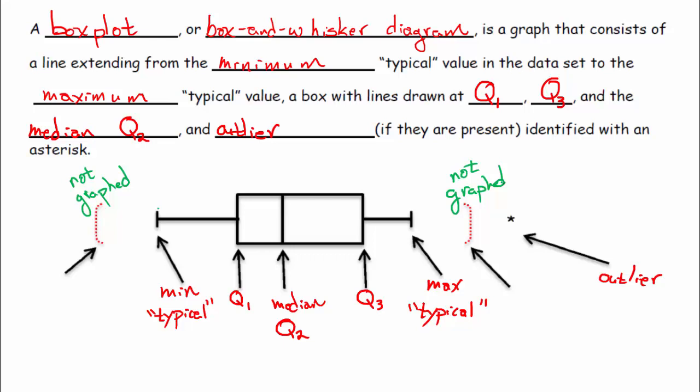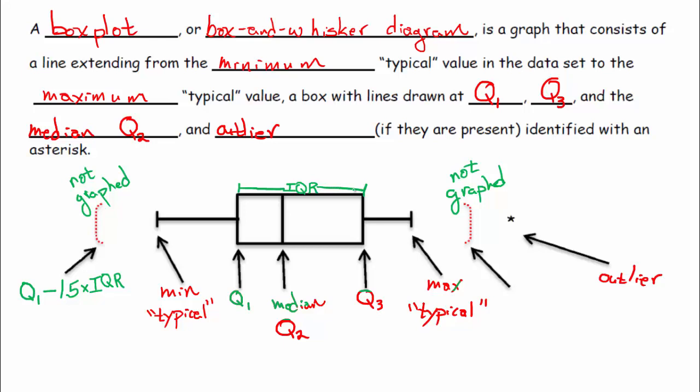So what we're going to do here to find this lower fence, I'm going to start at Q1, and I'm going to go down, denoted by subtracting 1.5 times the interquartile range. So I would start here, and I'm going to go down 1.5 times this interquartile range. So if you remember, our interquartile range is the range between Q1 and Q3.